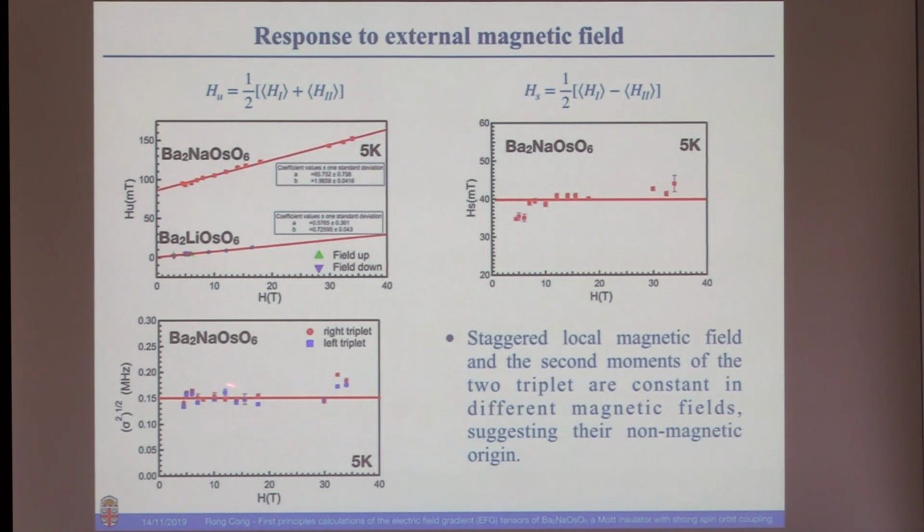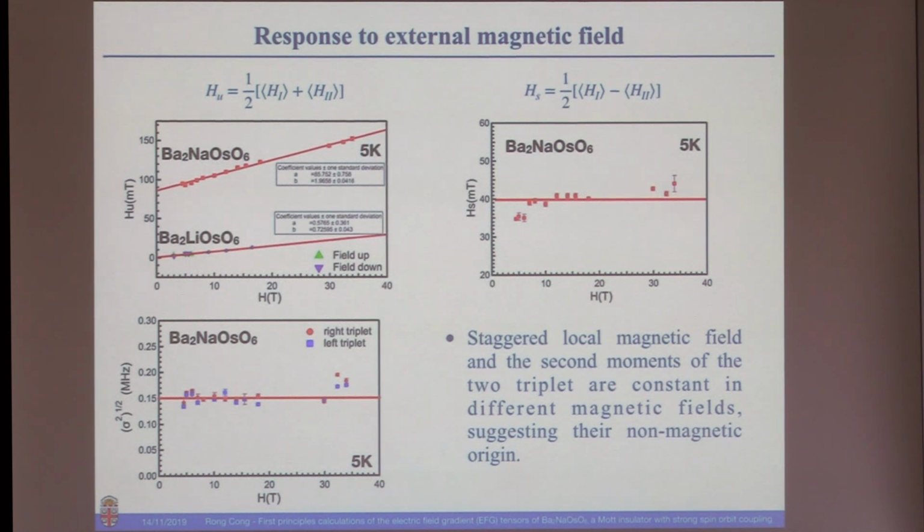This is also true for the electric quadrupole splitting, which means that this also has a non-magnetic origin.